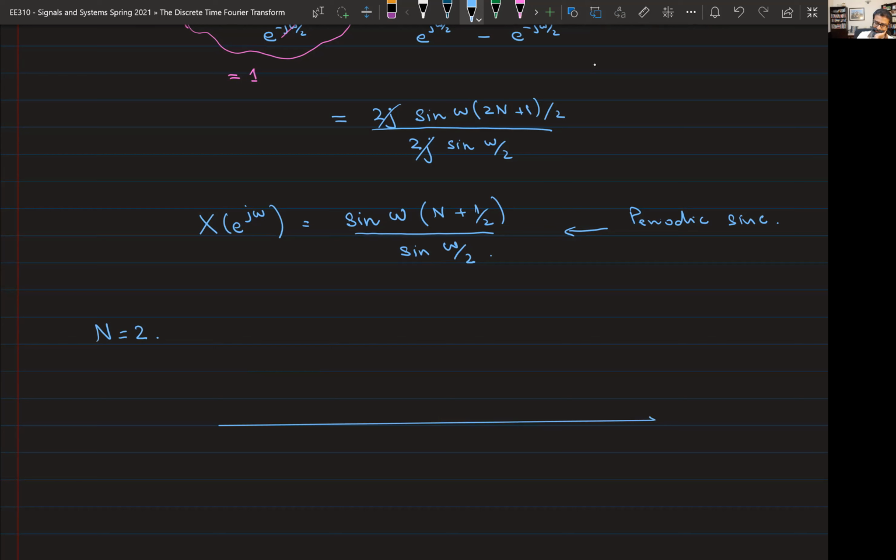So this is omega. And this is x of e raised by j omega. Right, so it has a sinc pulse. It looks something like this, which decays as the frequency goes on, but not monotonically. And goes up again because of the periodicity.